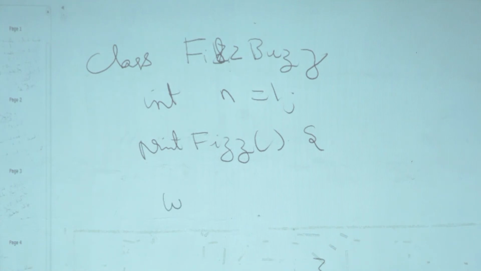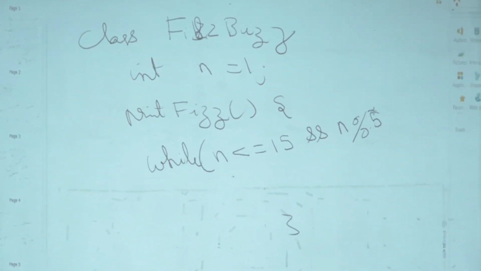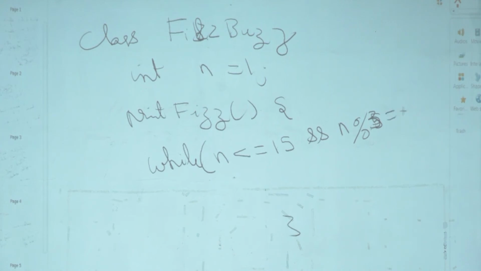So while n less than or equal to 15 and n modulo 3 equal 0 and n modulo 5 not equal to 0.